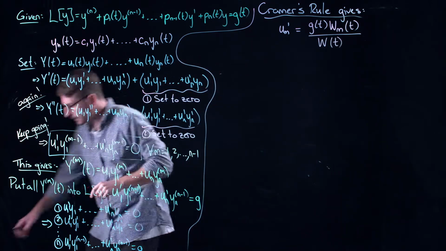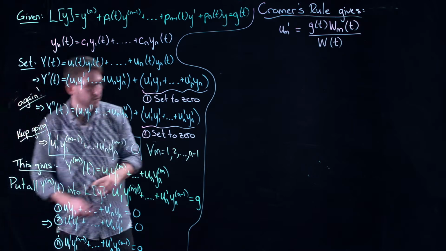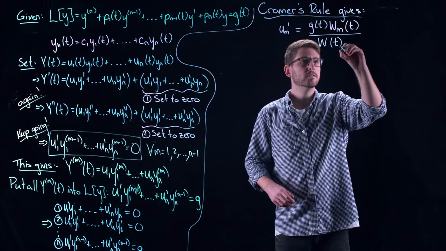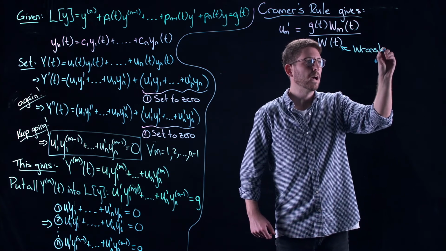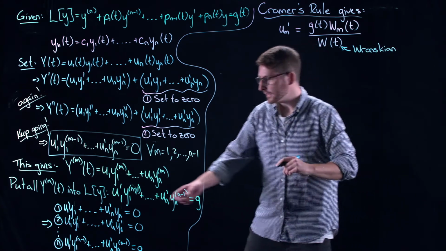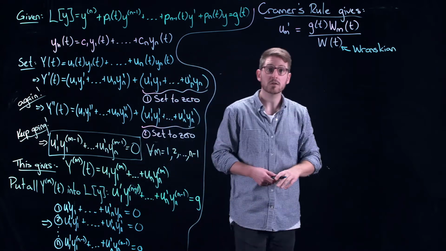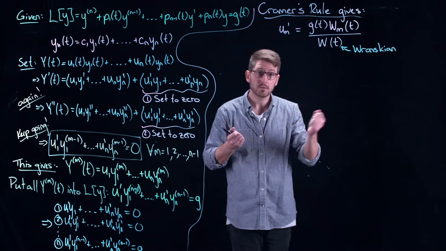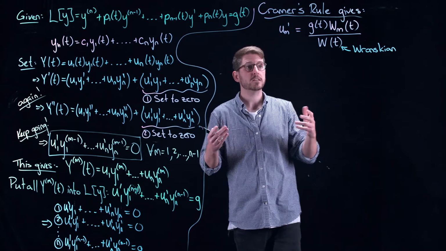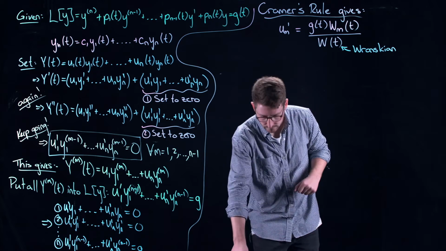So what are these things that I have on here actually? Well, w of t, that's my Wronskian. Now, what is the Wronskian in this case? It's the determinant of the linear matrix that you have created. This is a system of linear equations, Ax equals b or something like that. The Wronskian is the determinant of that thing.